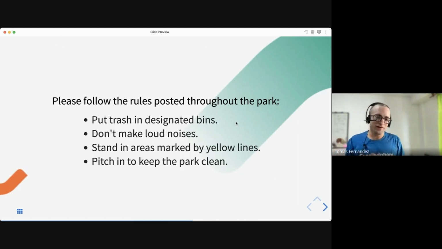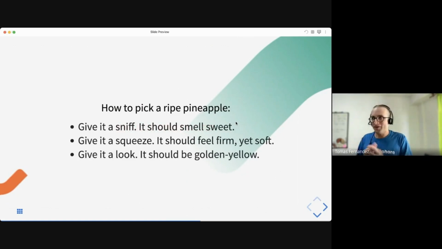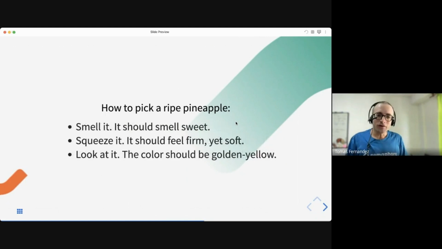So here's the rules version, where these are really the rules, and they're written in a way that's more clear. The other thing, which is kind of a bonus, but I think it's nice, is to change the first word in your list. Here in this example we have three items starting exactly the same, so let's see what happens when we change the first word.